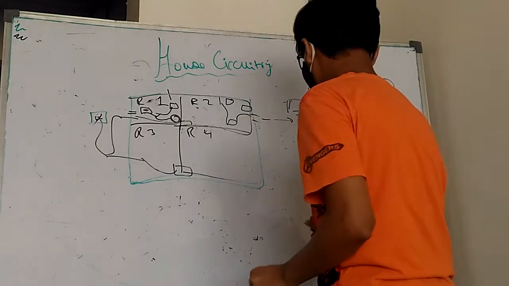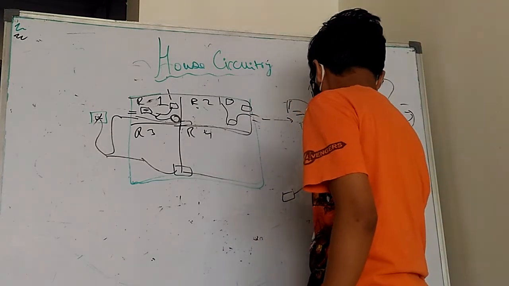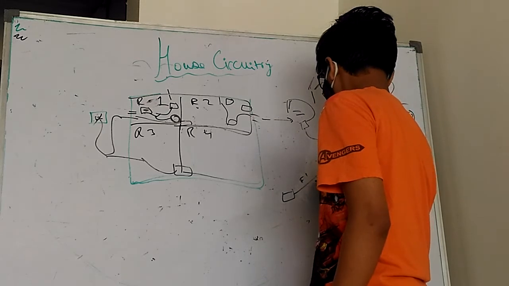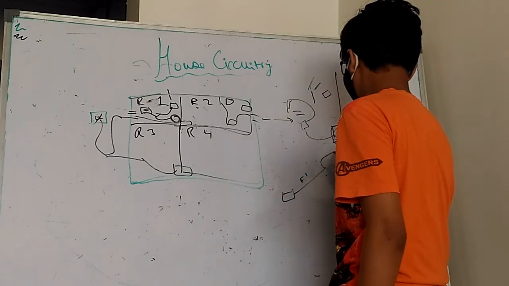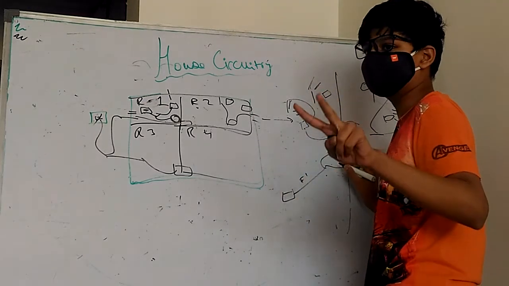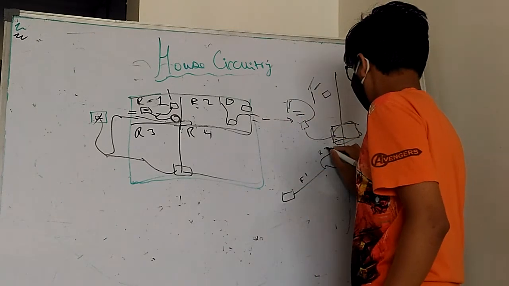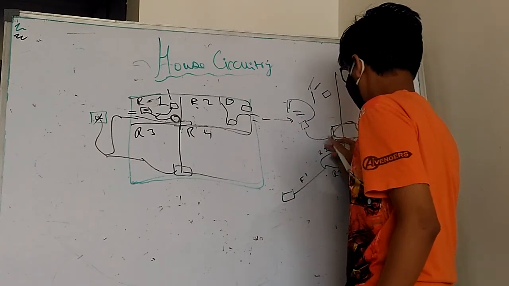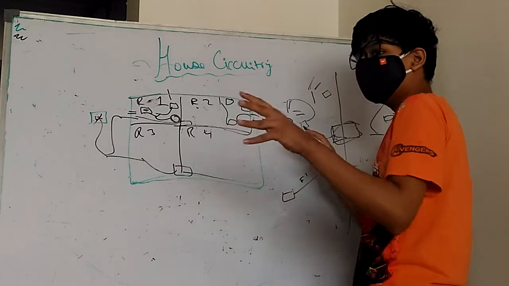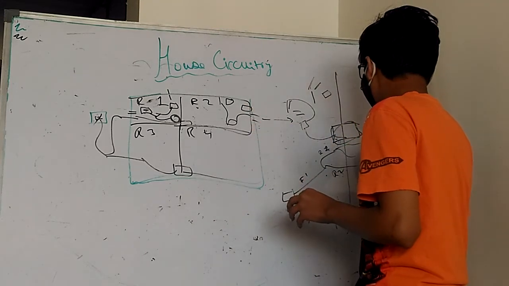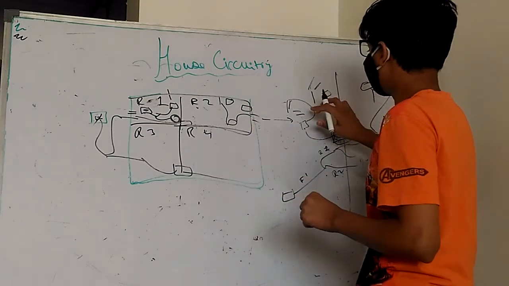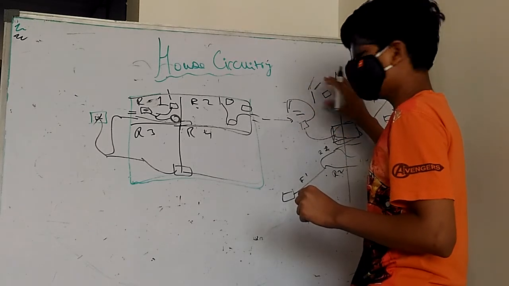So what's happening here is main switch, floor 1, and then it's breaking up in two parts, room 1 and room 2. Then they both break into two parts again, for a fan and a light.